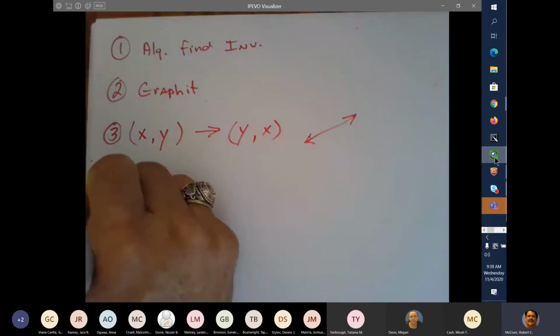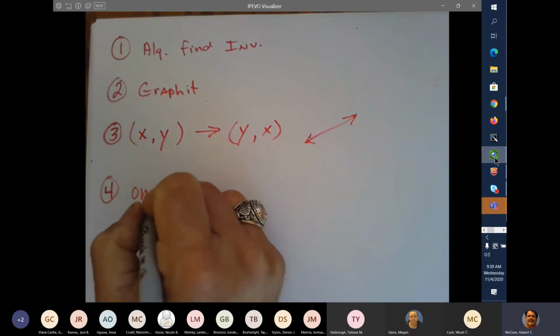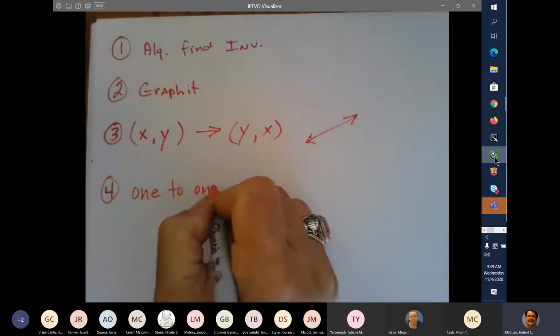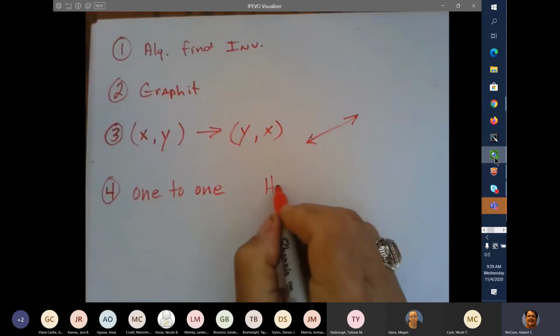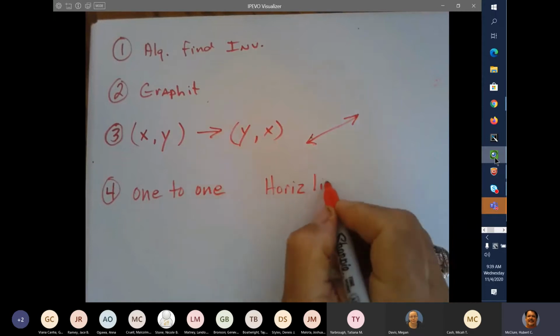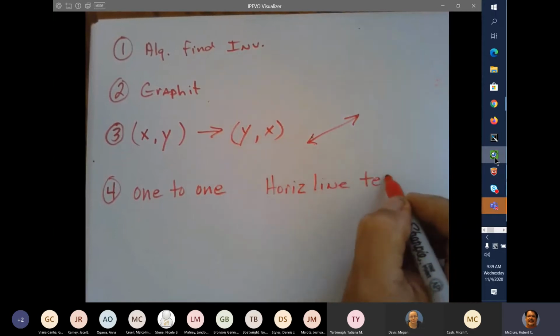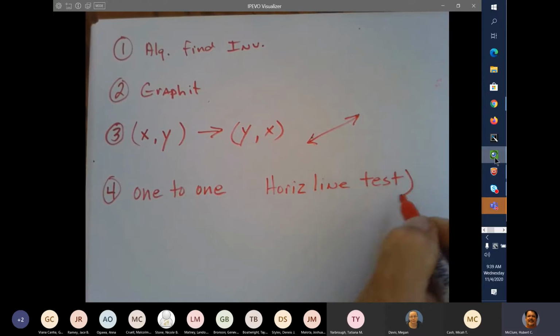And then make sure you can find a one-to-one using the horizontal line test. And this red one is going to the trash can.